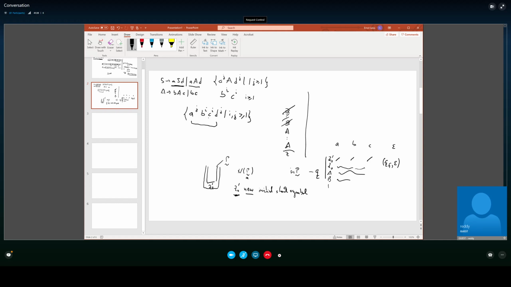Professor, does that mean that we just have to add a new stack symbol and a final state? No, it's a little bit more complicated than that.